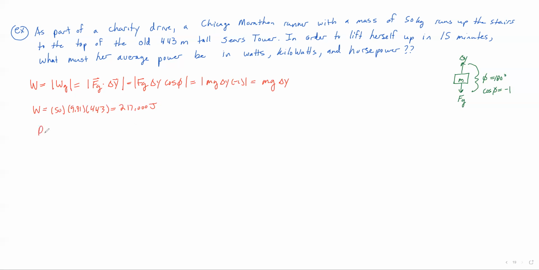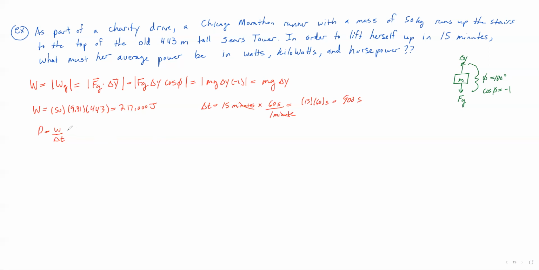So we know power is going to be the work over delta T, right? Delta T is going to be 15 minutes, multiplied by 60, because there's 60 seconds in 1 minute. Those will cancel. You'll get 15 times 60 seconds, which is going to be 900 seconds. So she wants to do this in 900 seconds.